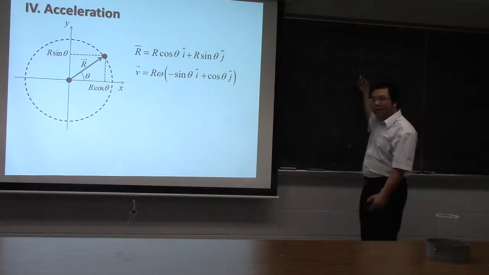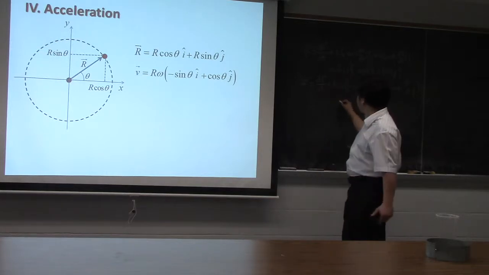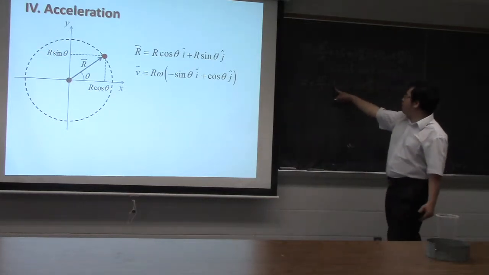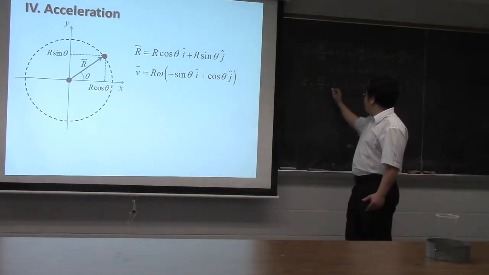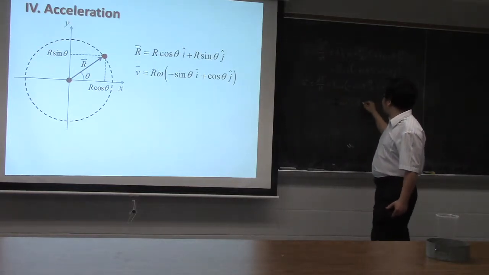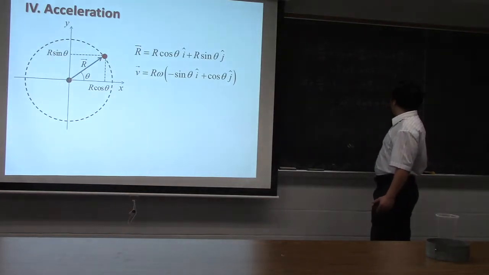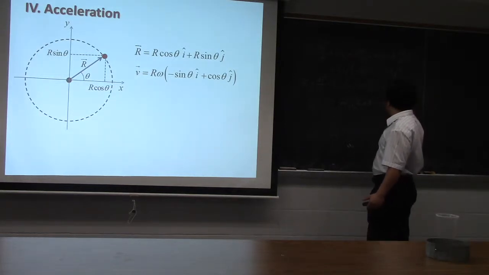And again, I will say that d theta over dt is omega. So I can take that out, and I can take the r multiply in. I will have minus omega squared times r cosine theta i hat plus r sine theta j hat.